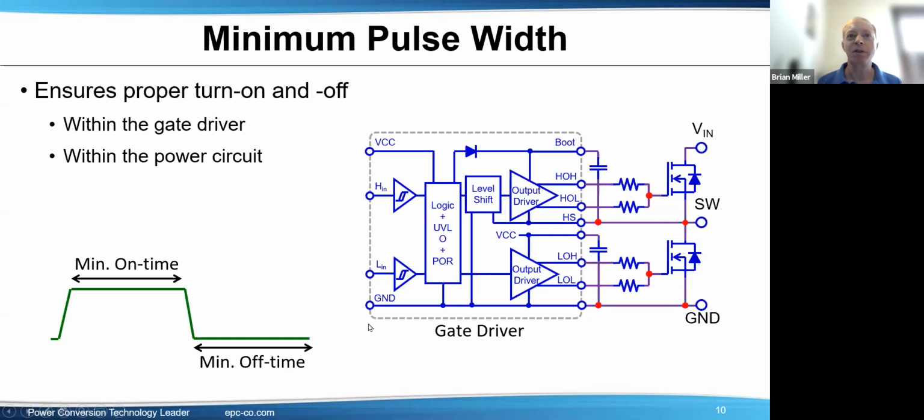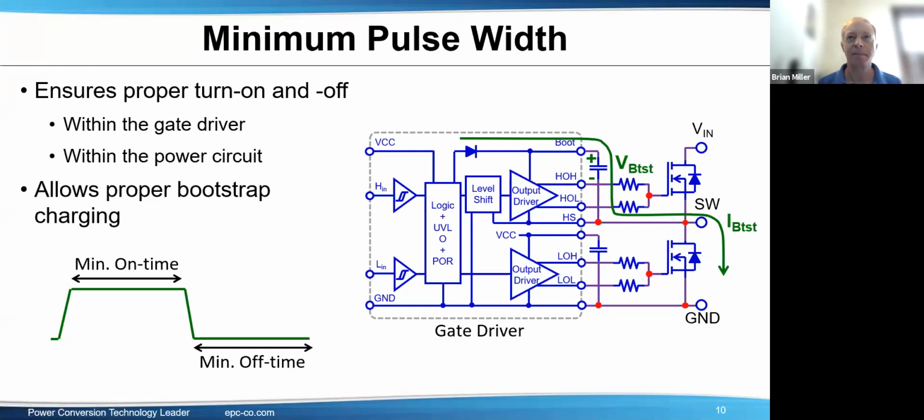But the duty cycle and minimum off time is still required just to keep the capacitor charged up. Again, here's a diagram of the voltage, for example, the 5 volts coming through an internal bootstrap capacitor, a diode going into the bootstrap capacitor, and the path down here.